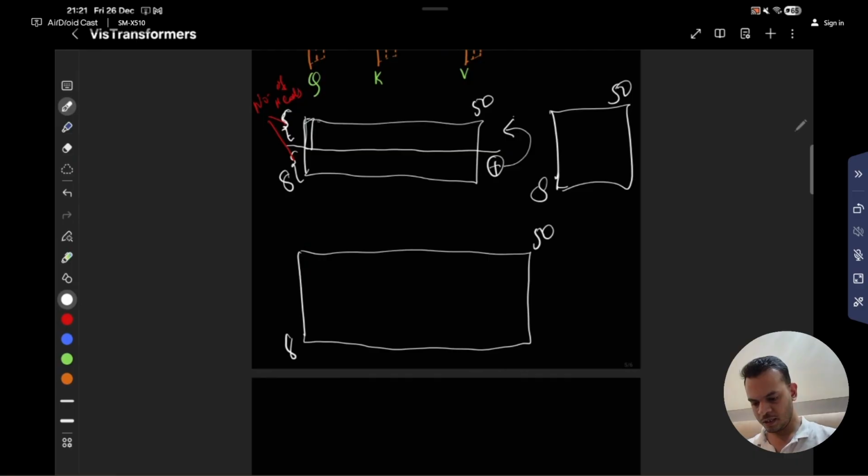So in this case one single block becomes size 50 cross 4. So this 4 into the number of heads should equal our total feature size, which is 8.